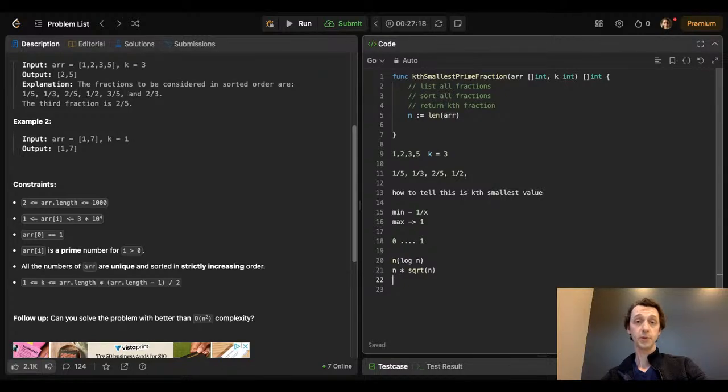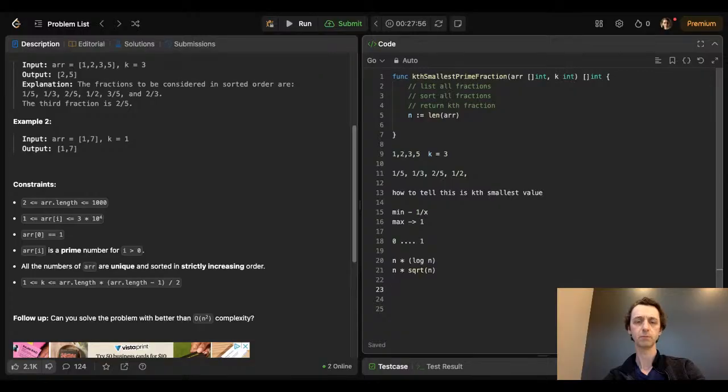We are about to hit 30 minutes on this. So if you want to get something substantially better, n multiplied by square root of n. Log n is good. Square root of n is, to give you an idea, a bit worse.